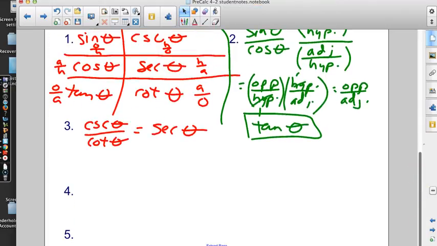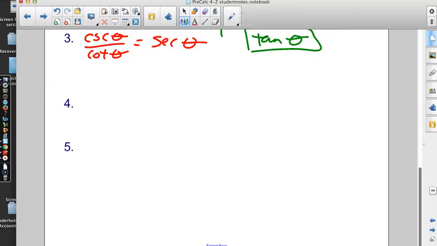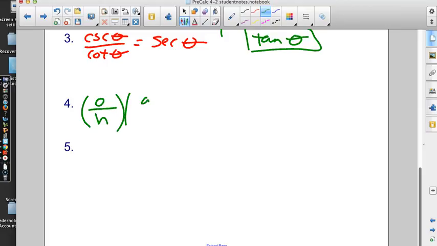Interesting. Let's see. Opposite over hypotenuse for sine. Adjacent over hypotenuse for cosine. Opposite over adjacent for tangent.